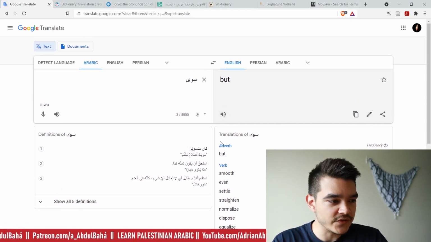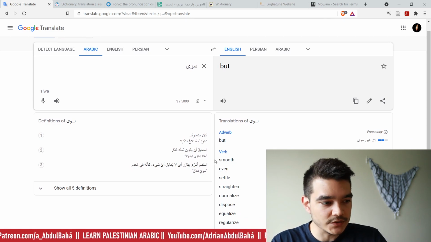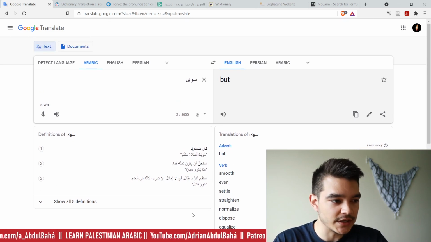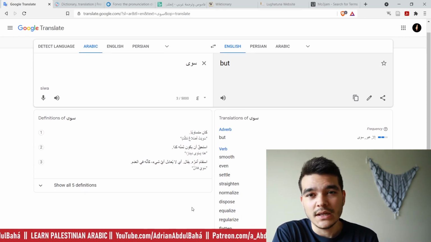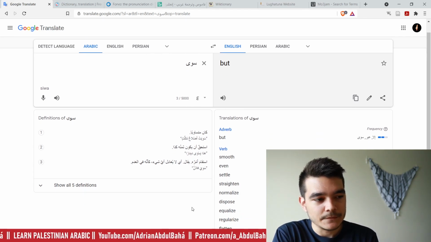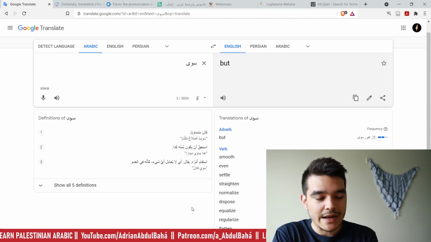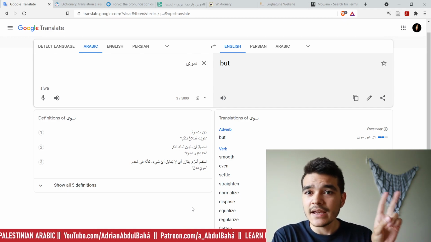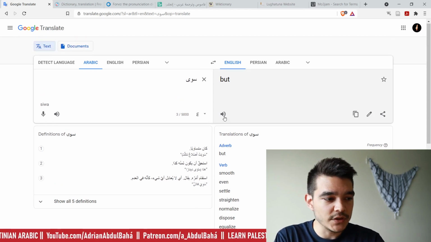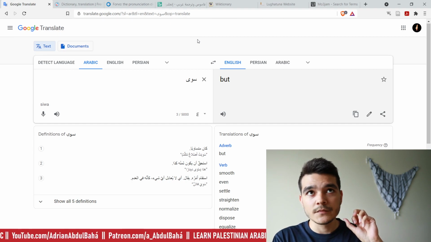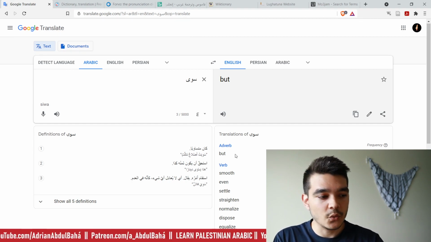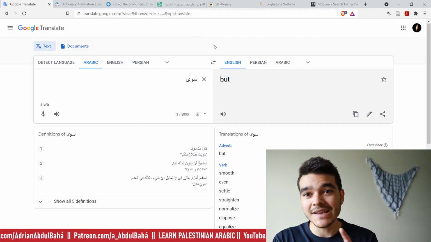And these other definitions, here as a verb: to smooth, to even, to settle, to straighten. So those are also correct. None of this is technically wrong, it's just not very helpful to see it out of context. The second reason is that the word it's translating as but is actually siwa.